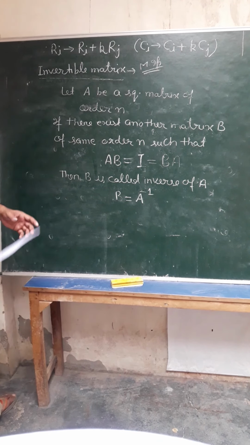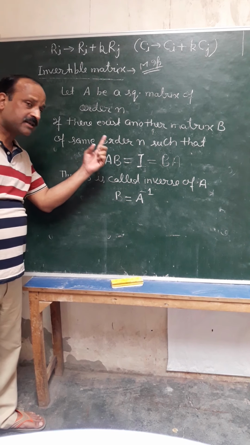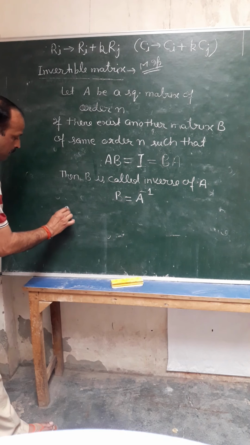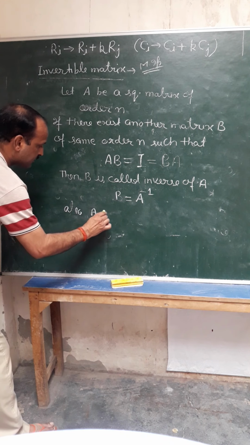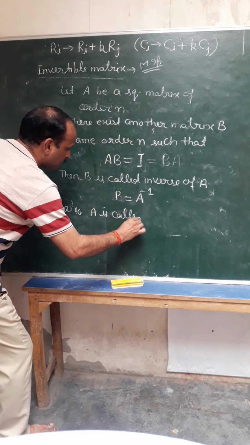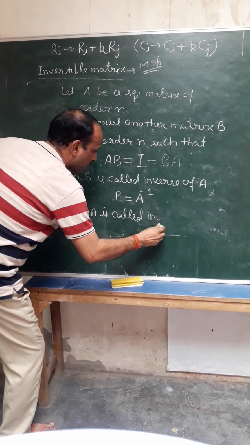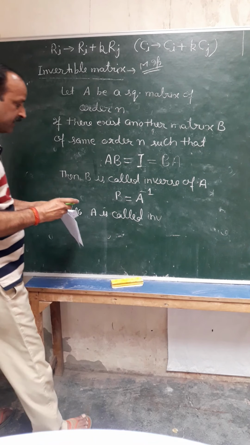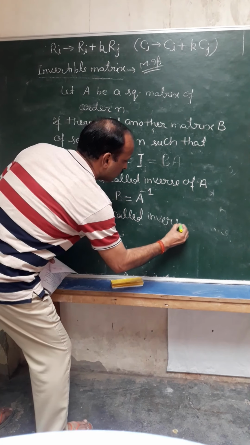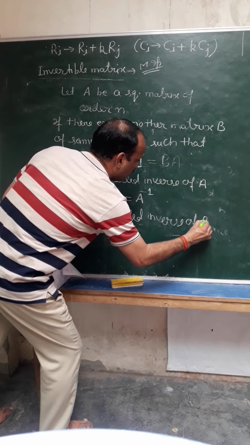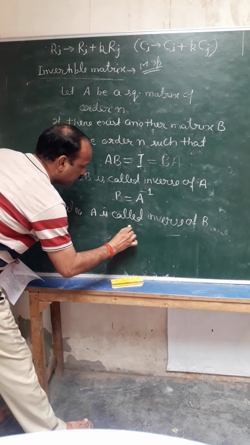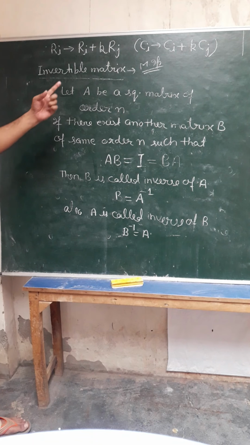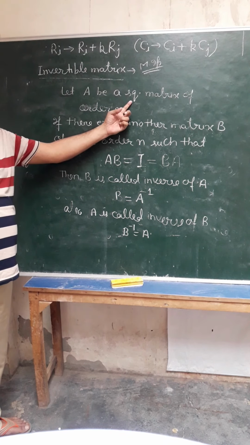Here one more thing should be noted: B is the inverse of A, and also A is called the inverse of B. That is, B inverse is A. So remember, A must be a square matrix.